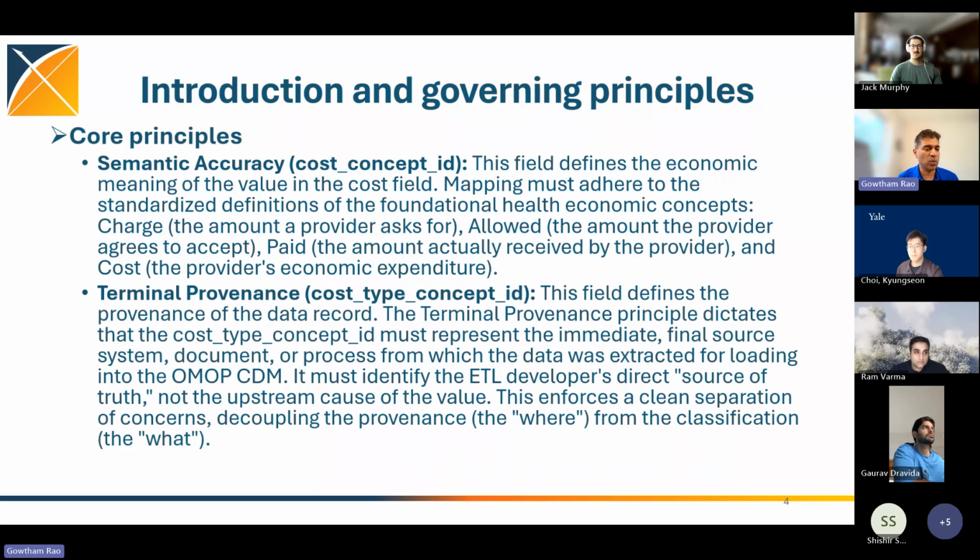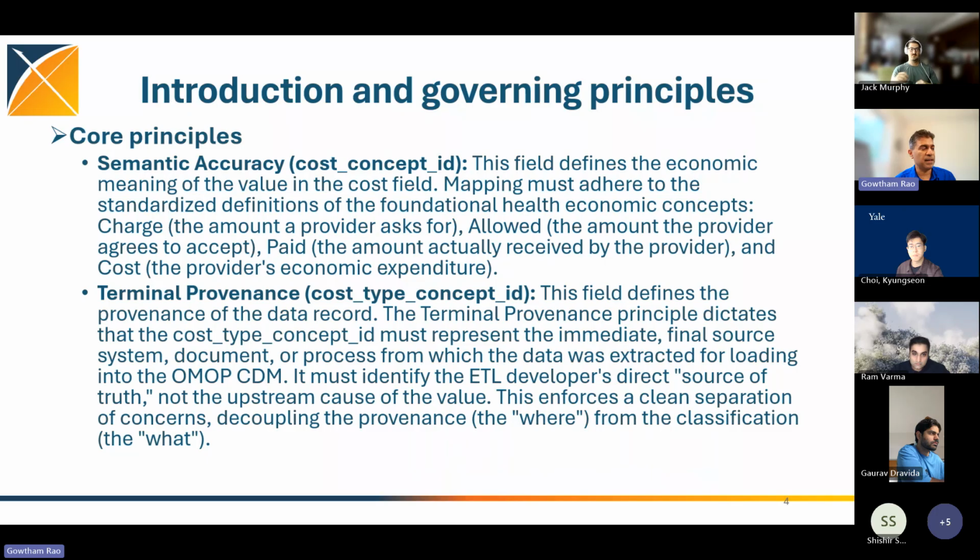Is it a copay? Is it a co-insurance? All of those ideas come under the cost concept ID. But because the terminologies are different across the world, and the cost concept ID tries to standardize that, we will need to have as clear as possible, unambiguous definitions or descriptions of what it is.